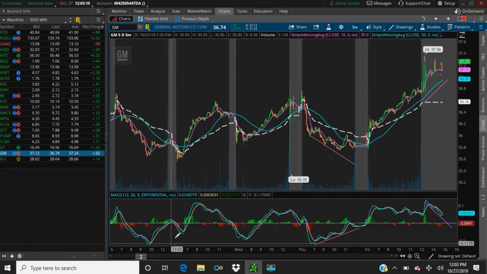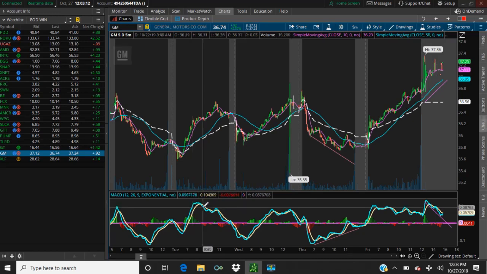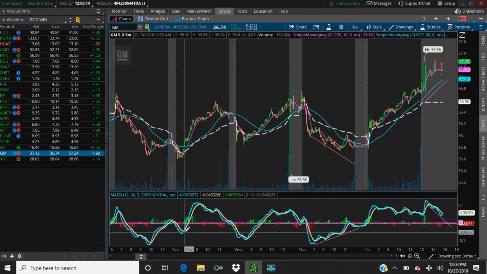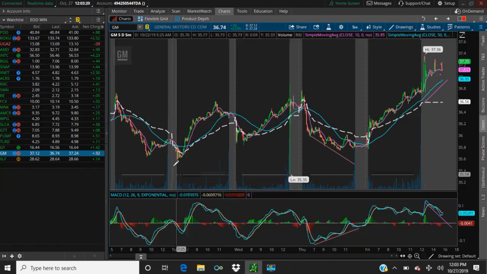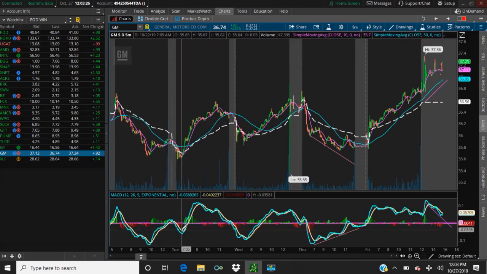So I will show you an example right here. So right here, the MACD crosses above, and it's a buy signal. As you can see right up here, it's right before these candlesticks are starting to climb. So this is a buy signal. You would have bought right here.